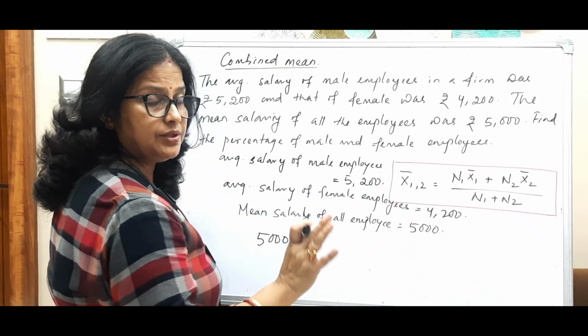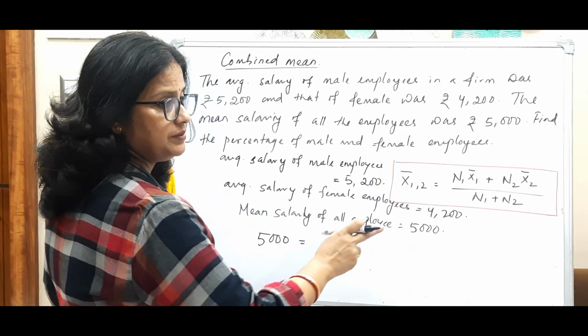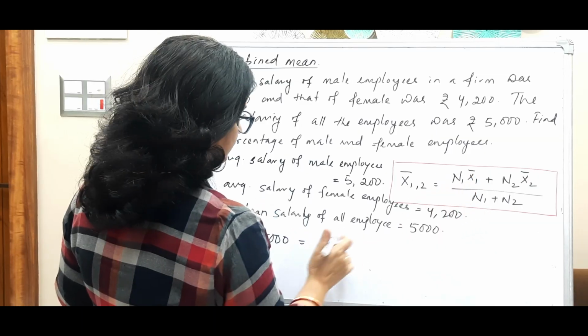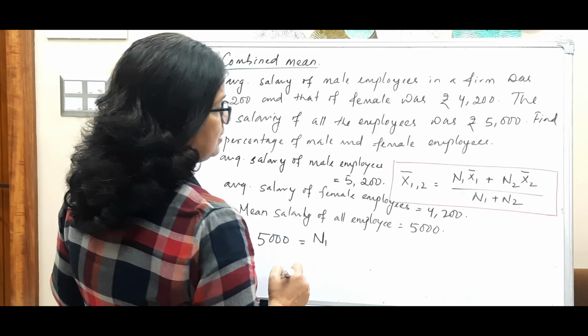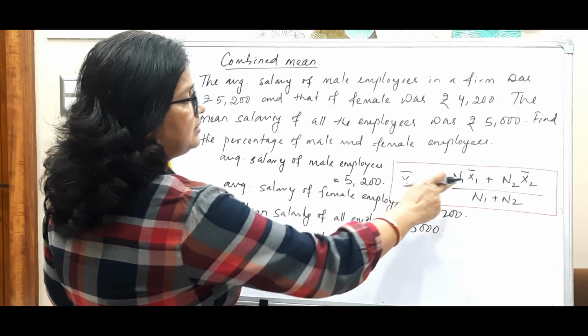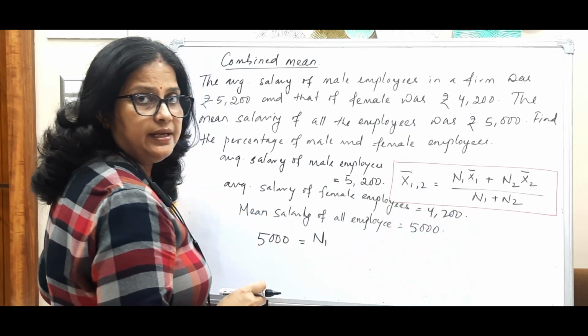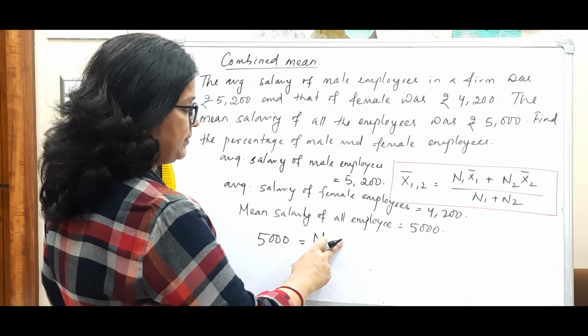N1 we don't know. We need to find what is the ratio of the male and female. So N1 we don't know, so write as it is, N1.